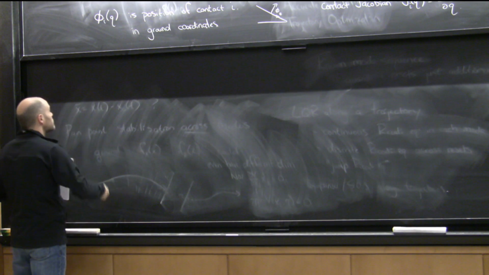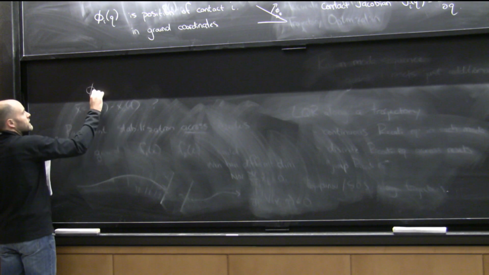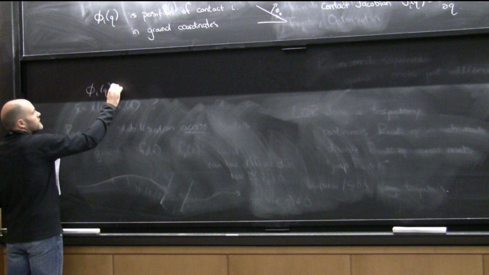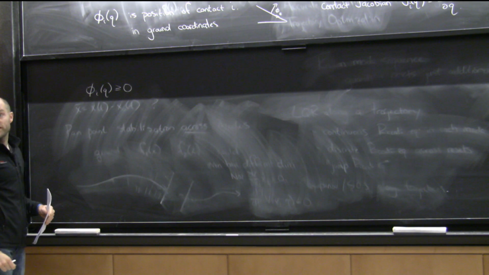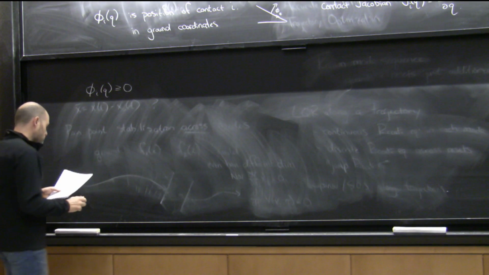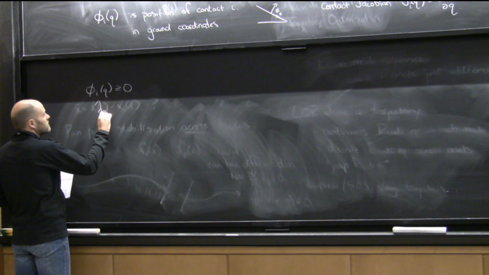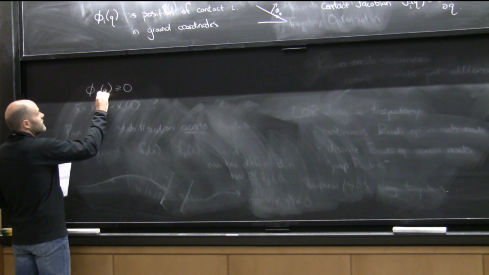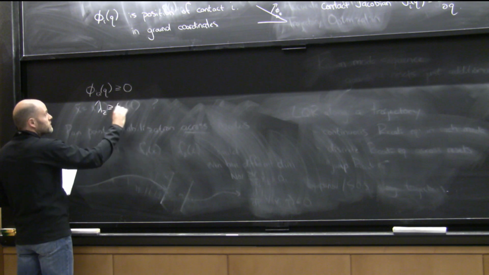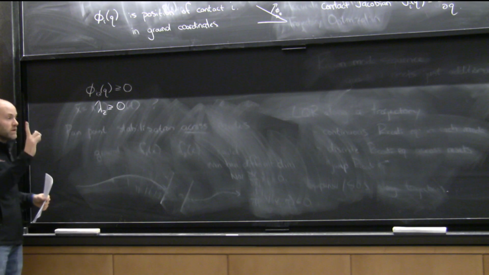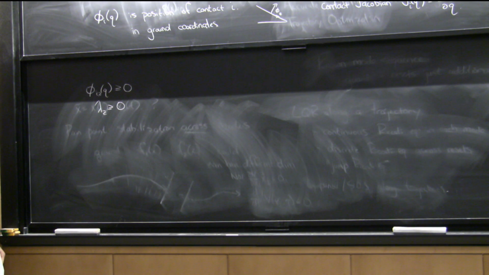So we'd like to enforce that phi I of q is always greater than or equal to 0. Right? You'd like to never penetrate. That lambda, at least in the z direction, lambda of z is always going to be greater than or equal to 0. We define it to be, similarly, the ground will only push away. You never pull on the ground.